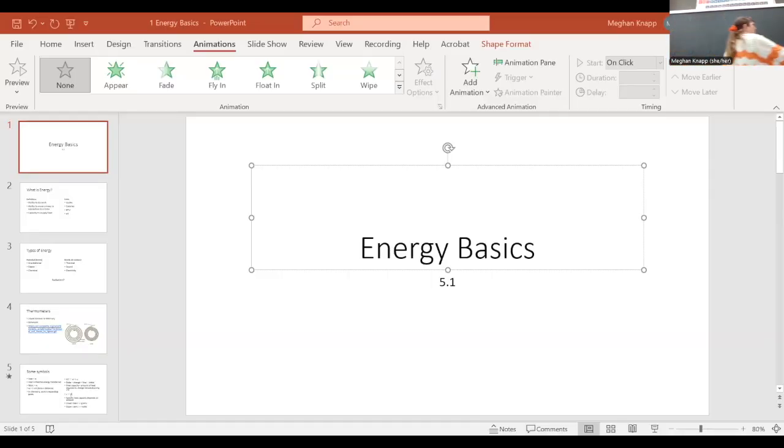Okay, so let me share this. Okay, so we are starting on chapter 5, which is all about thermochemistry, or the chemistry of heat, or sometimes we call it thermodynamics, which is changes in heat. So we need to talk about energy.